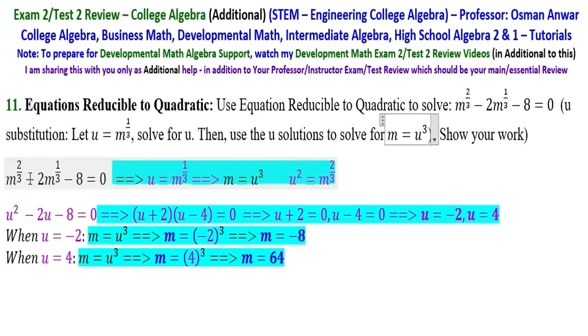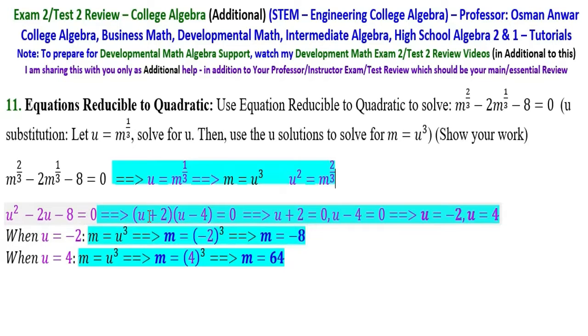So the equation is m to the 2/3 minus 2m to the 1/3 minus 8 equals 0. u is m to the 1/3 and m is u to the 3rd. u squared is m to the 2/3. So now do the u substitution: m to the 2/3 is u squared, minus 2m to the 1/3 is minus 2u, minus 8 equals 0.